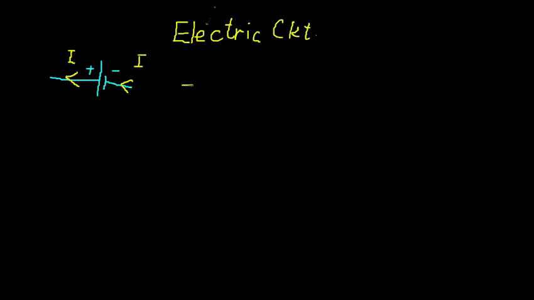Then we are also aware of this symbol. In general it is called resistance. Now resistance in general is any electrical appliance which consumes electrical power or electrical energy and does some work. So in general everything, the bulb, the fan, the refrigerator, the AC, the microwave, all are resistances.